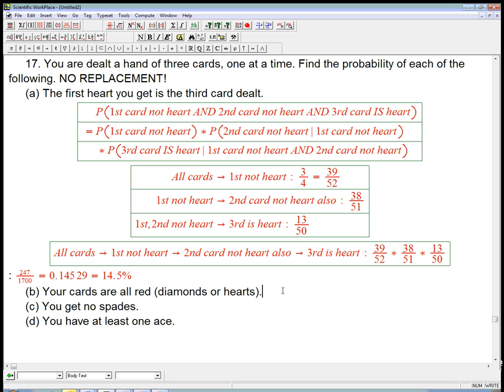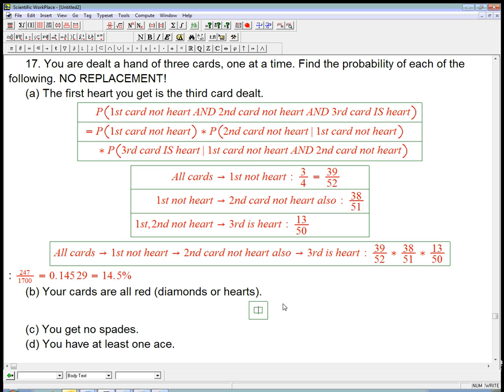What about if your cards are all red, diamonds or hearts? Let's look at that as well.